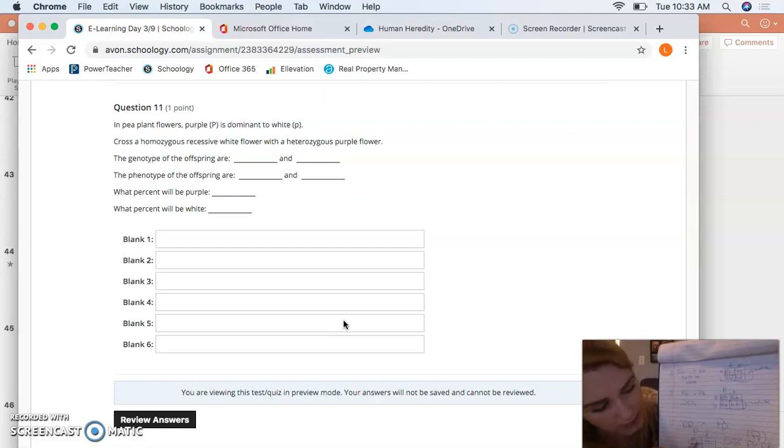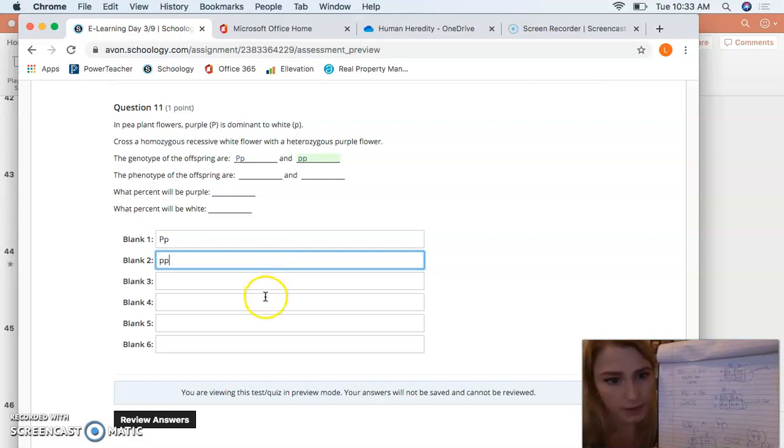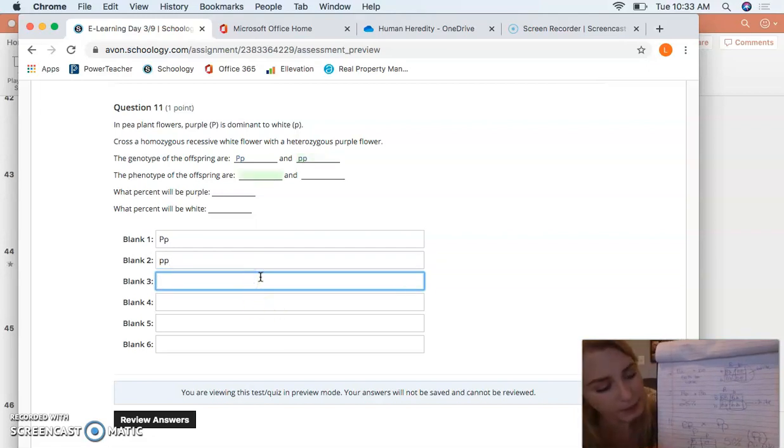When I cross them, I have 50% of the offspring are capital P, lowercase p, and the other half are lowercase p, lowercase p. Now remember, capital P means purple, lowercase p means white.